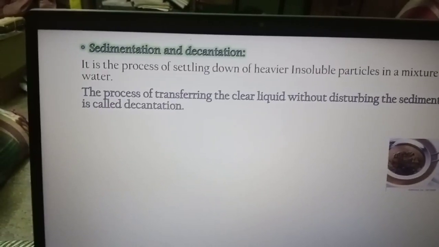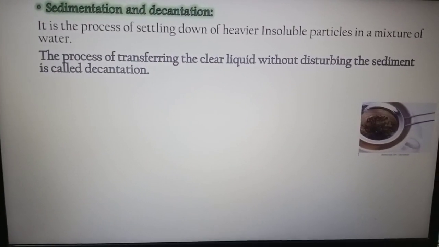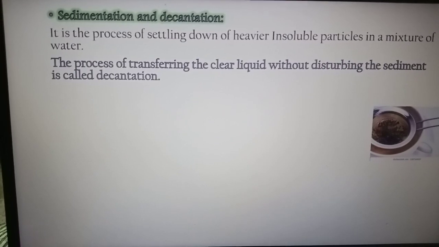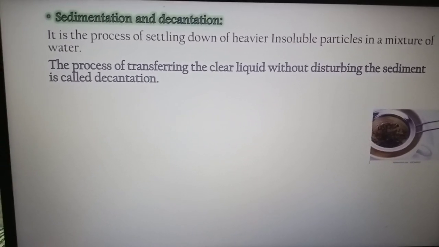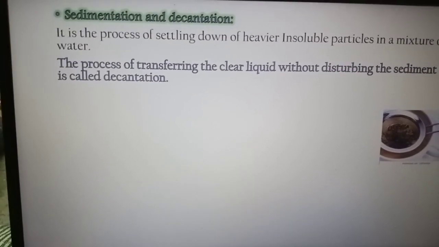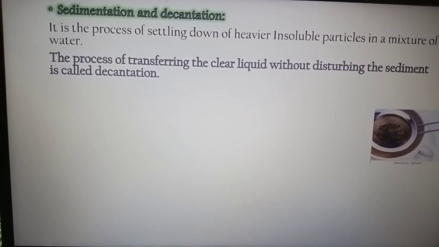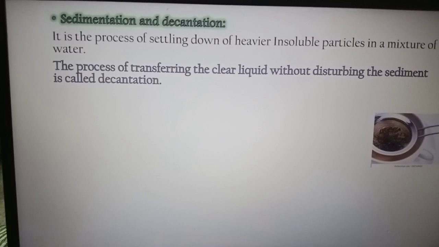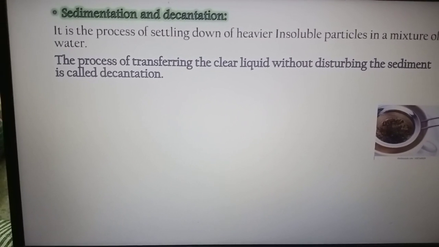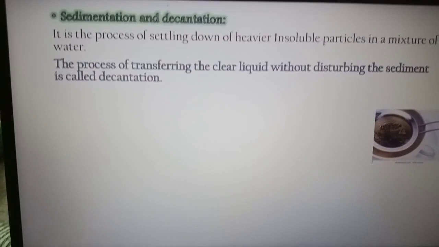Next is sedimentation and decantation. What is sedimentation and decantation? Suppose you mix sand with water and you want to separate the mixture. How do you do it? You allow it to settle for some time. So what happens? Sand is insoluble in water, so it settles down at the bottom of the beaker or glass which you are taking, and water comes to the top.